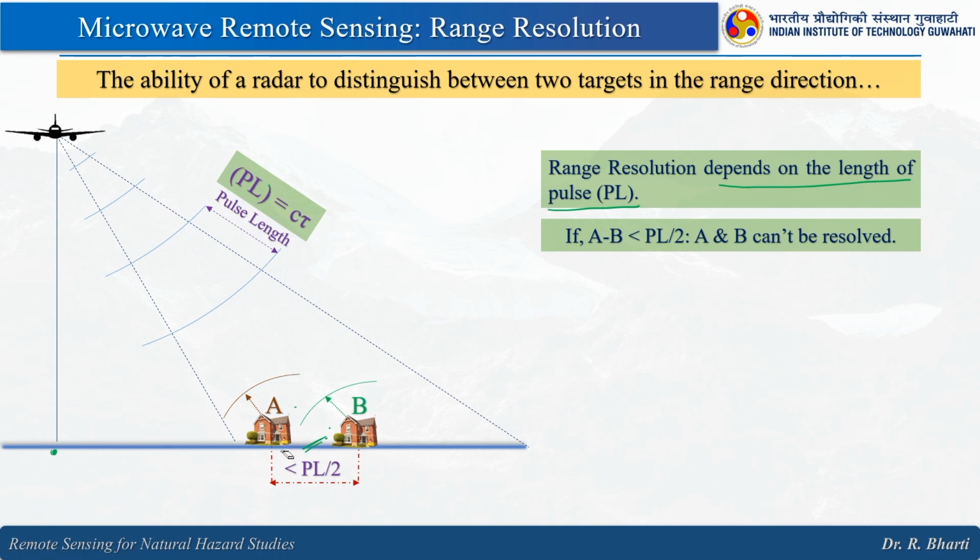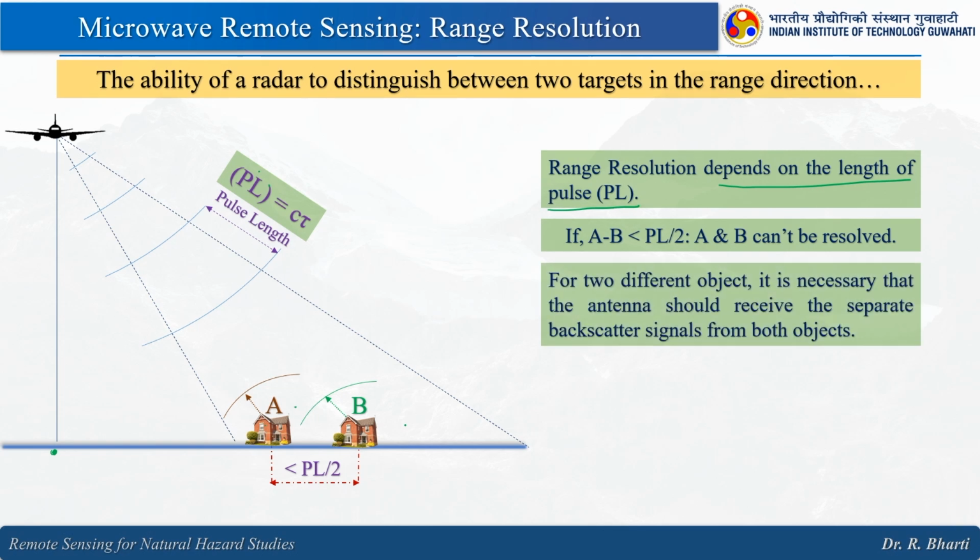If it is less than that, we will not be able to identify these two objects separately in our image. But if the distance between A and B is greater than PL by 2, then we will be able to distinguish them in our microwave image.